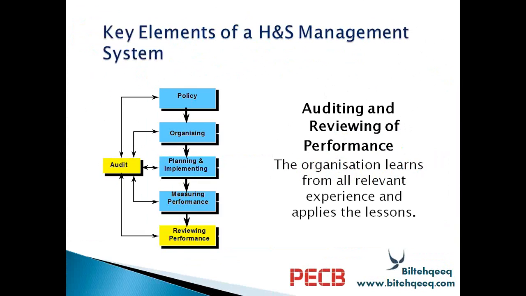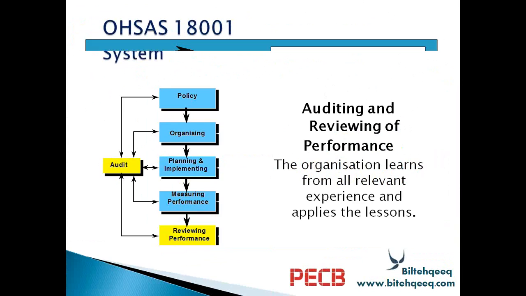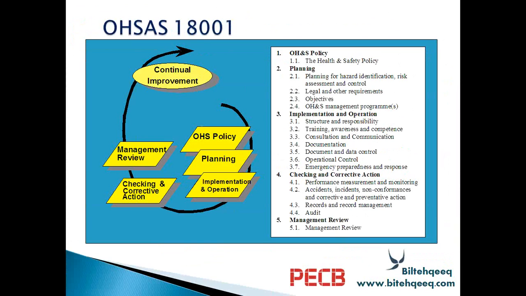Now on the next slide is the overall structure of the Occupational Health and Safety Standard OHSAS 18001, and the elements are the same as we have discussed in the previous slides.